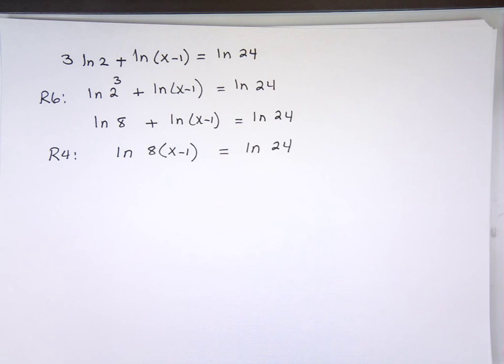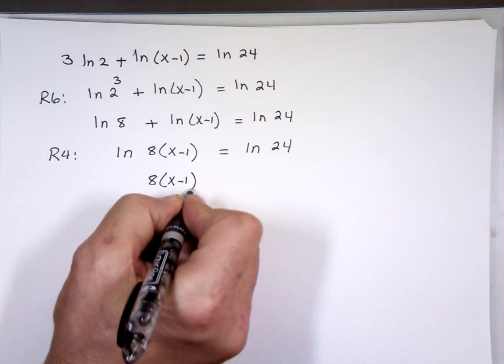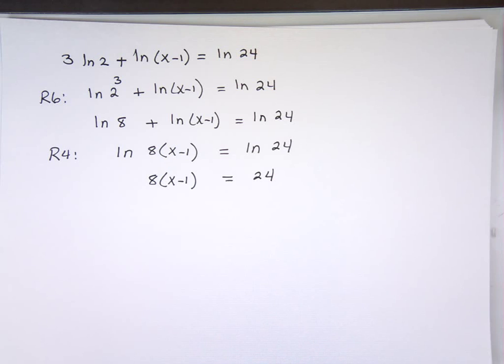Since the natural log on both sides is the same log, we cancel them out. So you end up with what? Eight times x minus 1 equals 24. To solve it, what do we do? Divide by 8. Divide both sides by 8.